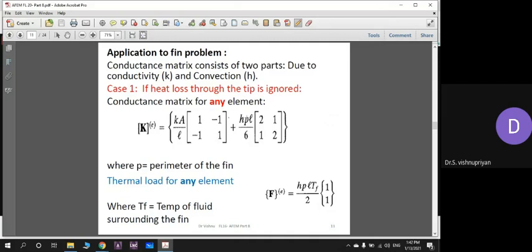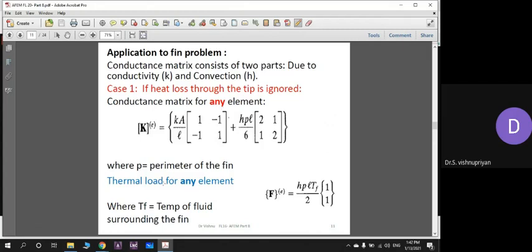Now this P is called the perimeter of the fin. All of you know the meaning of perimeter. If you have a circle, the perimeter is pi times diameter. So that is called the perimeter of the fin. This is the conductance matrix for any element.